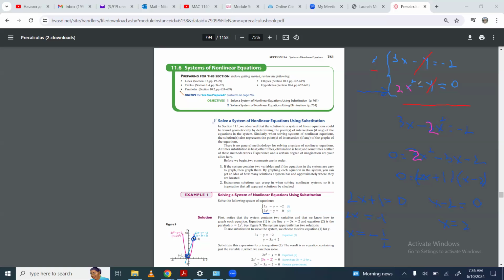And remember, the solution for the system is a point of intersection of my curves. And I got 2 points of intersection, as we can see in the picture. So we just need to get their y coordinates, and how to find those y coordinates.